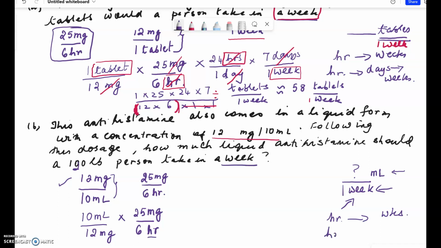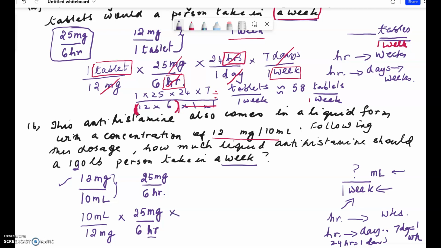So hours can be changed to days with the same equation. 24 hours equals 1 day, and 7 days equals 1 week is the equation that will change days to weeks.